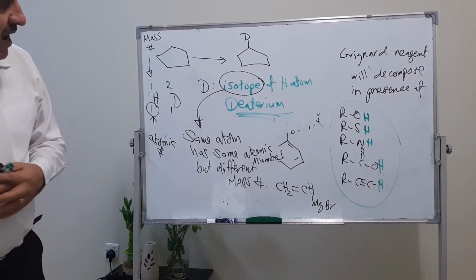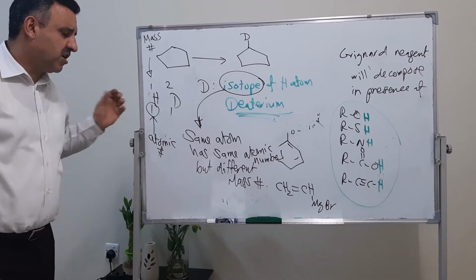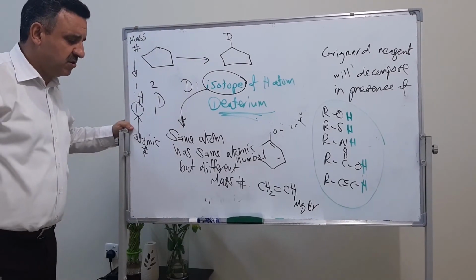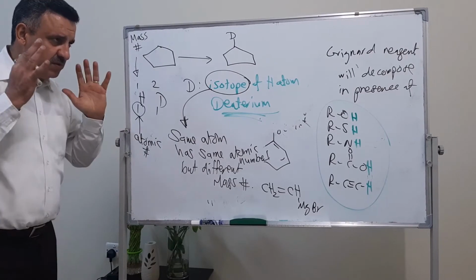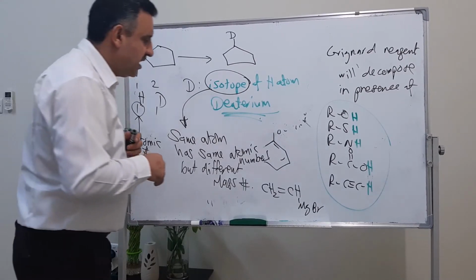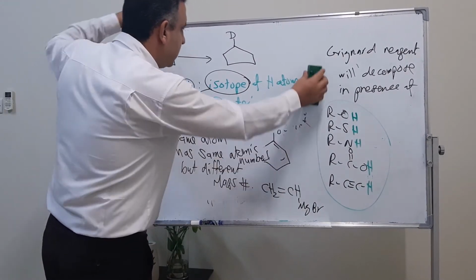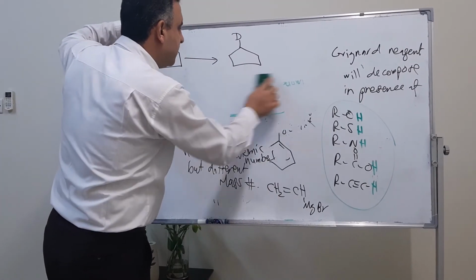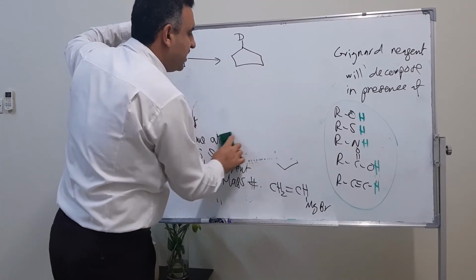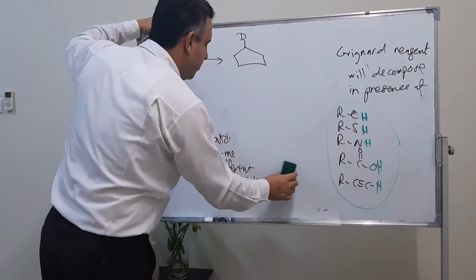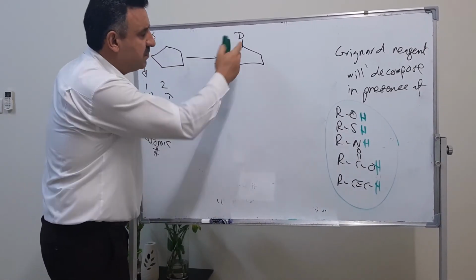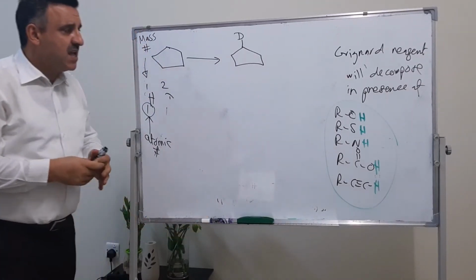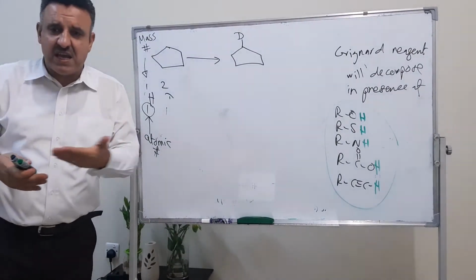So anyway, how to accomplish such a conversion, such a synthesis or preparation, we need to think in a logical way, in a reverse manner. So we start with the product. The product here is where we want to introduce the hydrogen attached to the carbon, which means the carbon should be carrying a negative charge.